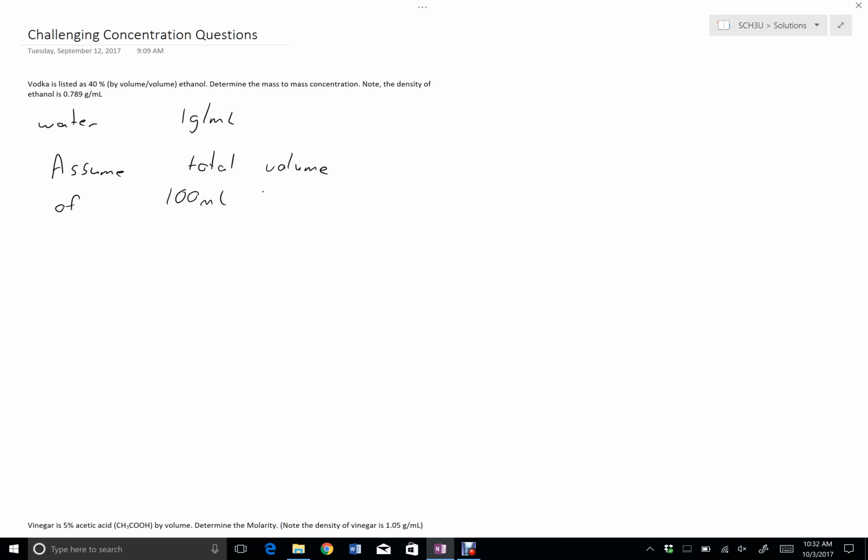If that's the case, and it's 40% volume by volume, then my concentration, volume to volume, is 40%, or 0.4, and that's the volume of my solute divided by my volume total.